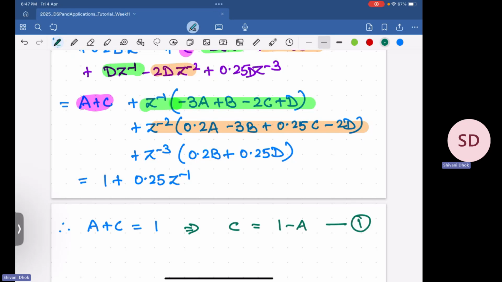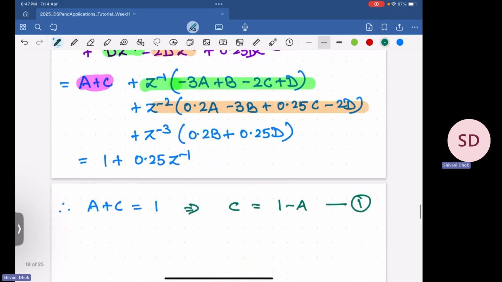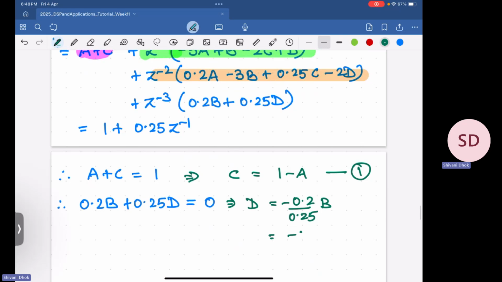Let me number this as equation 1. In a similar way, the z to the power minus 3 coefficient is 0. So 0.2b plus 0.25d is equal to 0. This implies that d is equal to minus 0.2 upon 0.25 b, which is equal to minus 0.8b. Let me number this as equation 2.